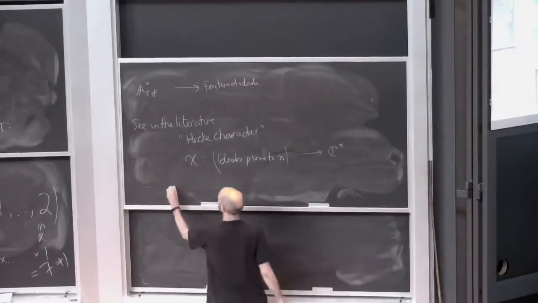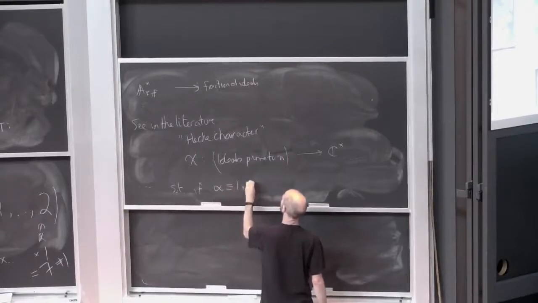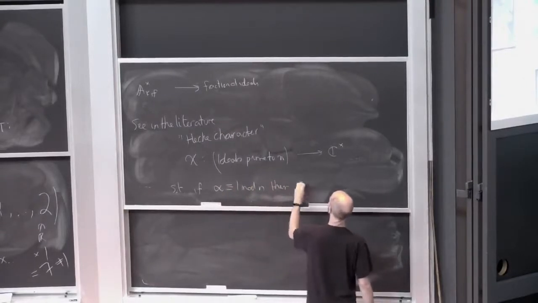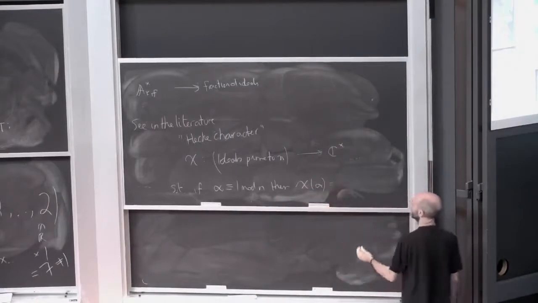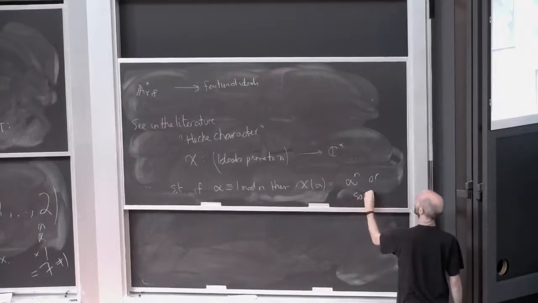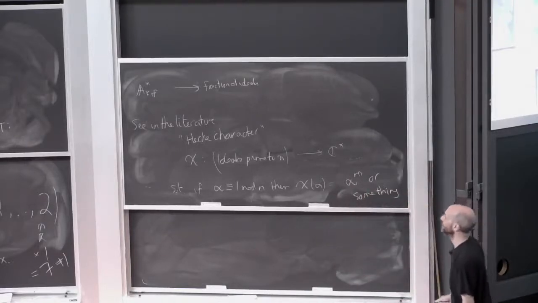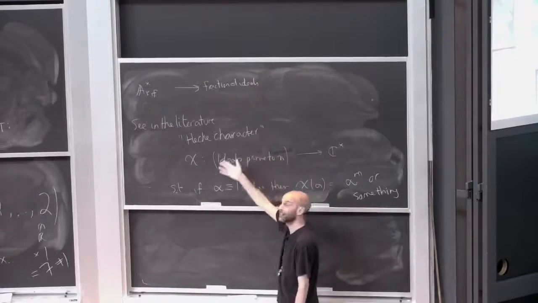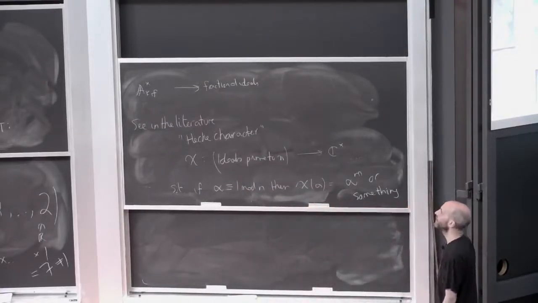You always demand that if alpha is congruent to 1 mod n, then chi of alpha is some sort of sensible thing, like, I don't know, alpha to the n or something. So I won't plough through the historically relevant definitions. You can read Tate's article in Cassels-Fröhlich, which talks about classical definitions of Grössencharacters. The definition of a Grössencharacter changed at some point, right?